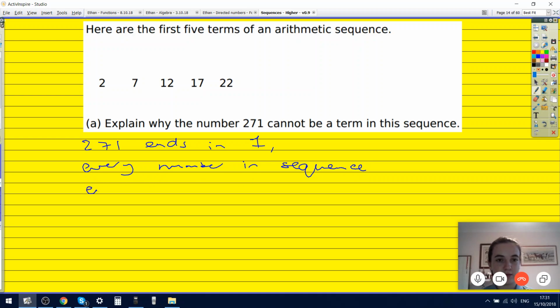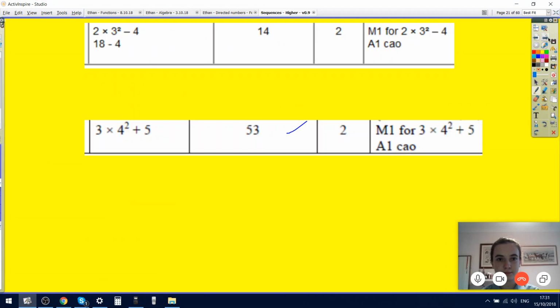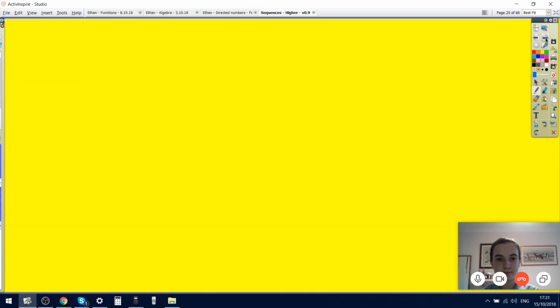They end in either 2 or 7. Therefore, the number 271 is not in the sequence. Okay, so those were the easy few. The next won't be so easy.